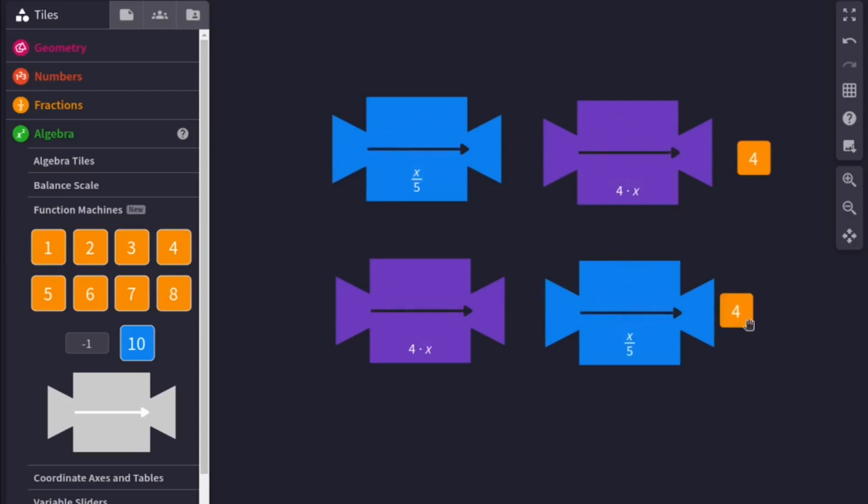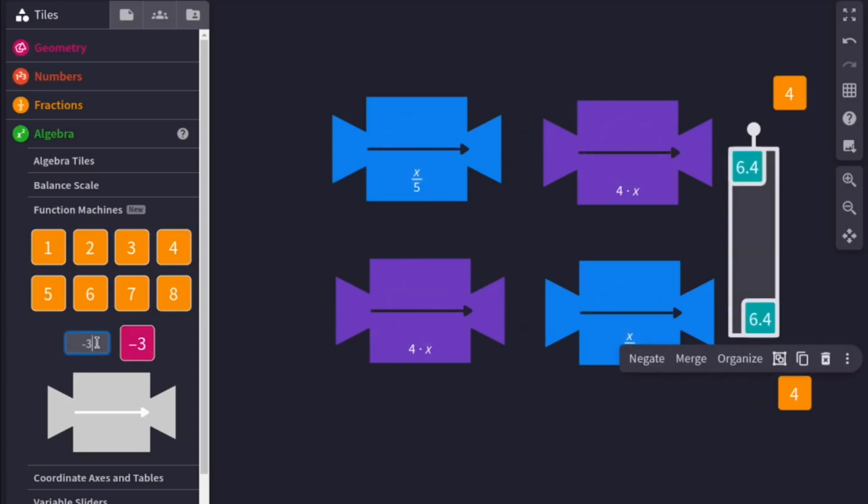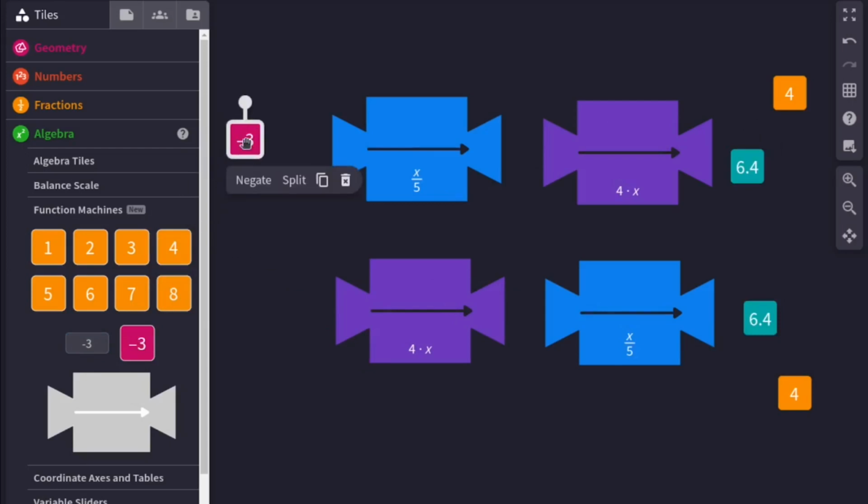Well, we've got the same output despite changing the order. Now, could be coincidence, so I'm going to use a different input and see if that works as well. Could try a negative number and see that in fact the outputs will still remain the same.